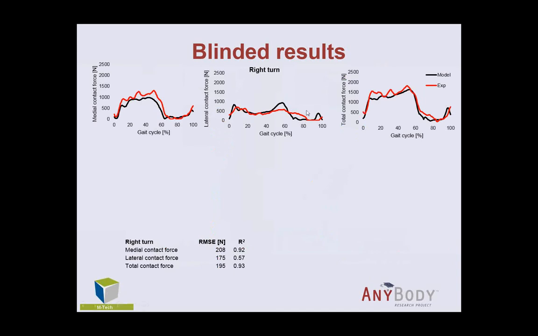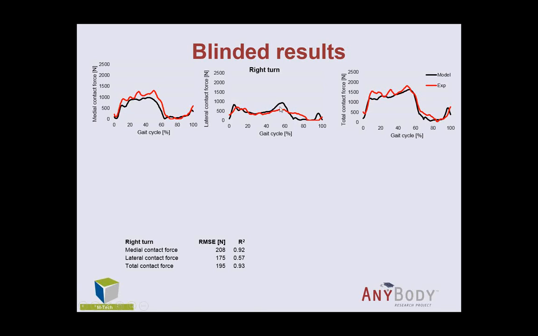What we have here in the top row is the medial contact force as a function of the gait cycle on the left, the lateral contact force in the middle, and then the total contact force on the right. The model is black, and the experimental data is red. Actually, I think we have a very good match here. We have the medial force under-predicted all the way through stance.